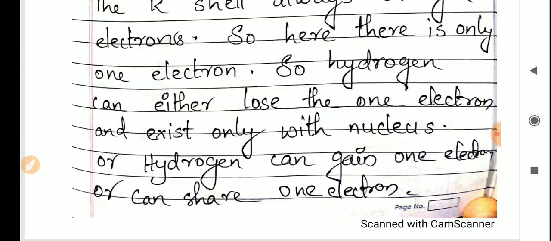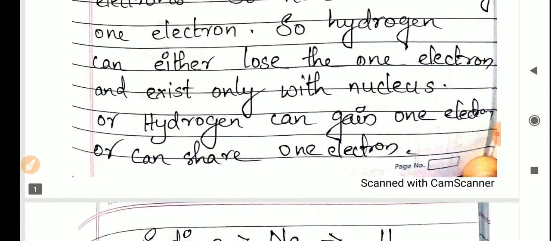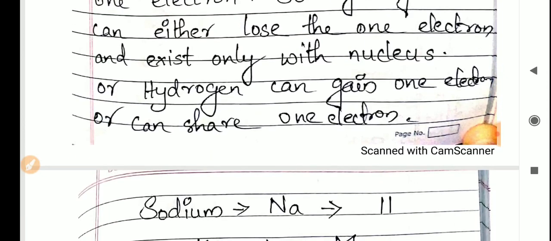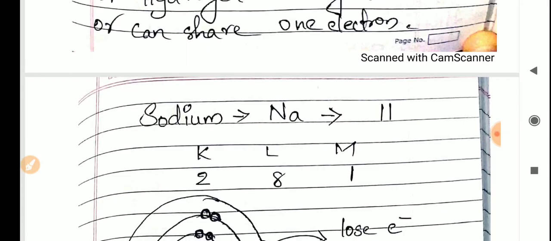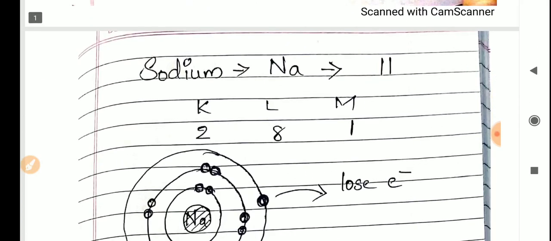Otherwise, hydrogen can gain one electron and exist with a complete 2 electrons. Or it can share that one electron. So there are 3 conditions that hydrogen can do. Any one thing only it will do at a time. Understand? So the next example I am showing you for valency is sodium.